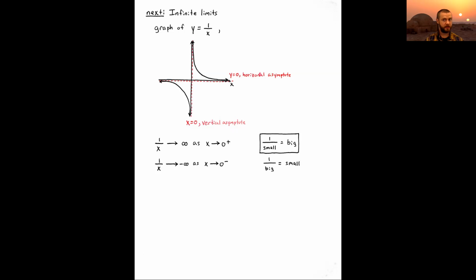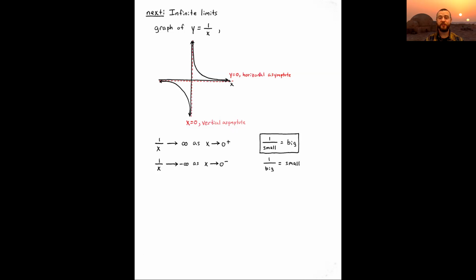Right above that, in a box, because stuff in boxes means it's clearly important, we have the inverse relationship that we're going to use now. Flip that around: 1 divided by a small number. Think 1 divided by 0.001. That actually comes out to be really big. And that's what's going on with the function values here.